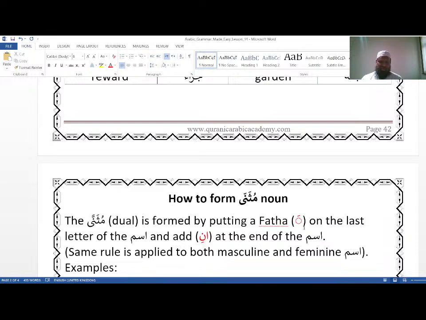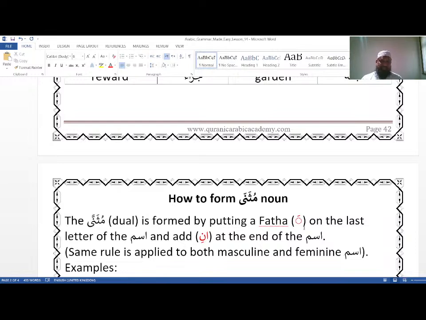Alif and noon kasra. This noon kasra, by looking at it, don't think it is in halatul jar. Because we've learned that an ism in halatul jar will have a kasra, but this noon kasra is noon muthanna. It's called noon muthanna, and noon muthanna is always with kasra.